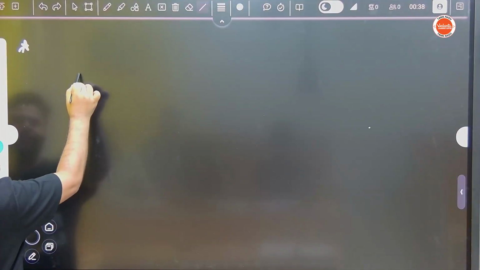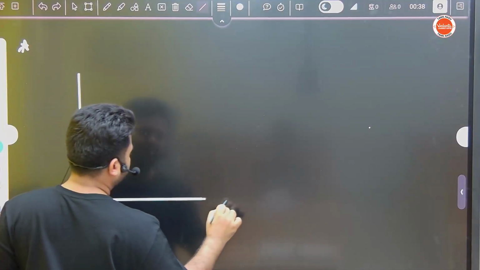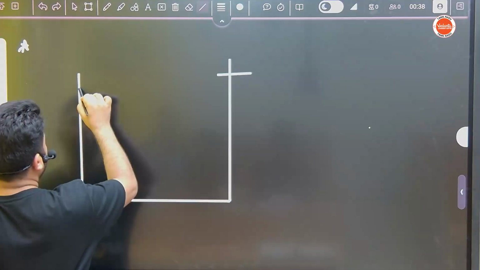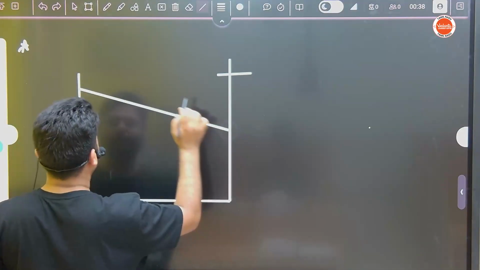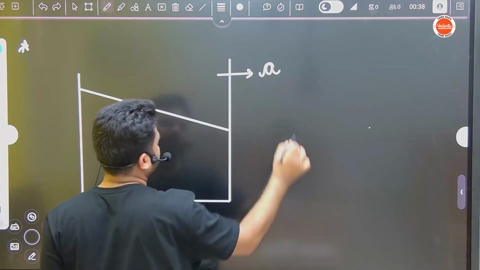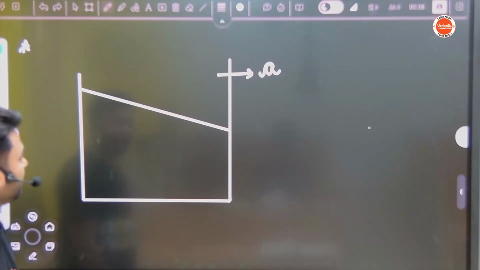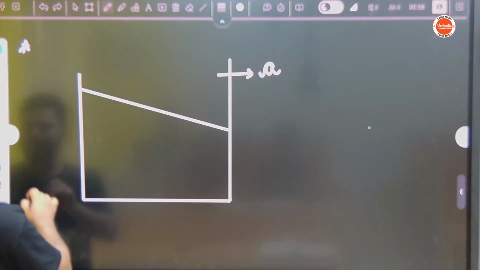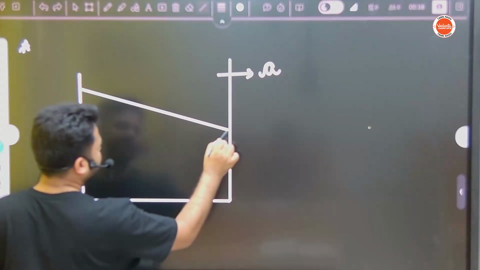If the container is accelerating in this direction, I told you the shape of the liquid will be like this. You can try this kind of experiment. If the acceleration of the container is in this direction, the shape of the fluid will become like this. What they ask, what is this angle?